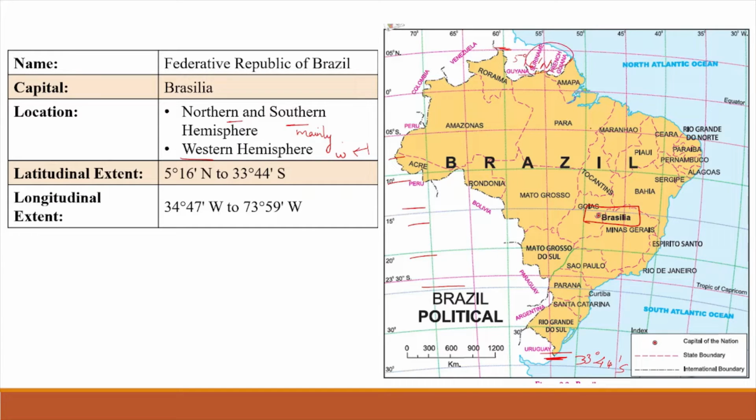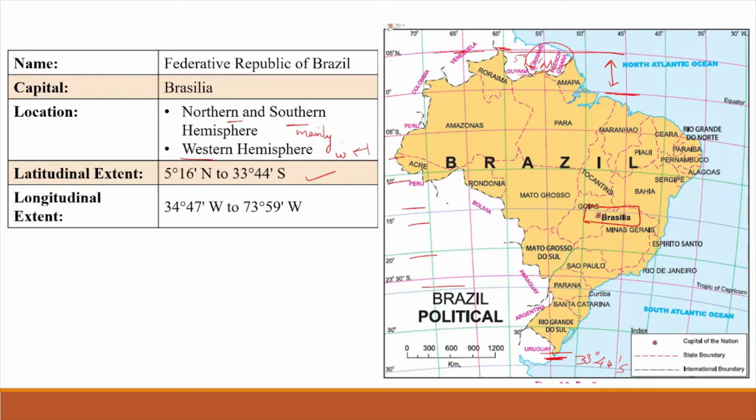North because this is just above the equator. You can see this is our equator and this is the northernmost part. Alright, here 5 degrees. So in the north, it extends by 5 degrees and in the south up till 33 degrees. So this is the whole latitudinal extent.